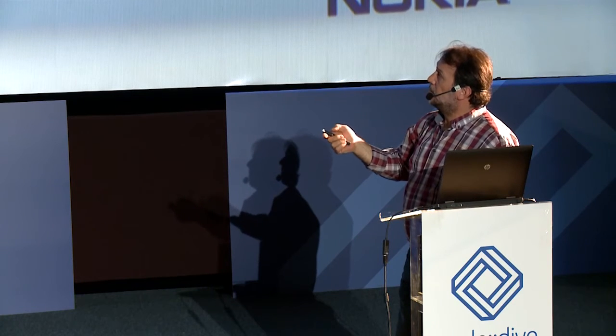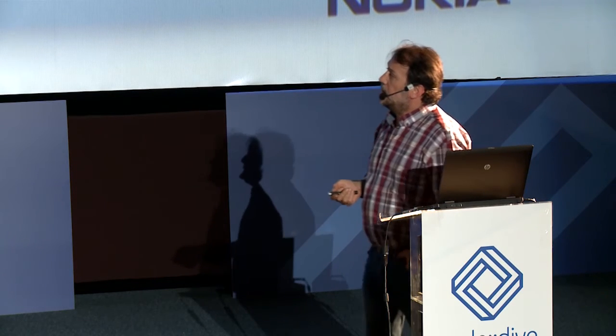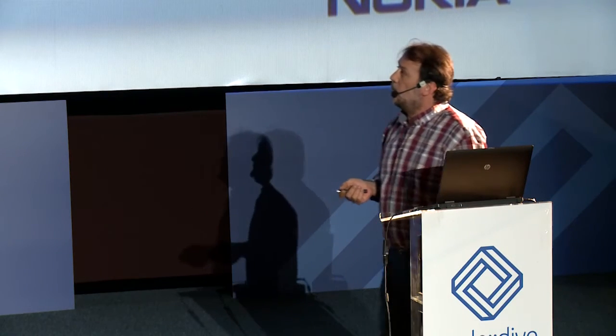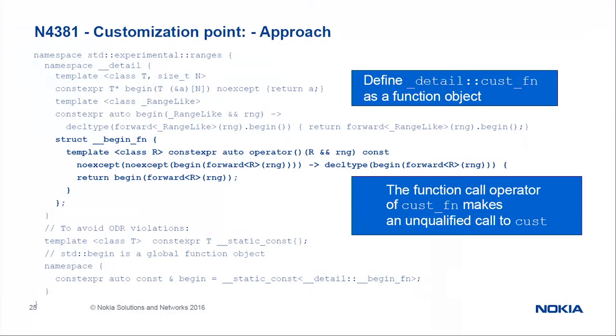Then we define a function object that will just forward to the call of begin using ADL. And we take care that this is done only if the expression is well defined, as in the constraint here.